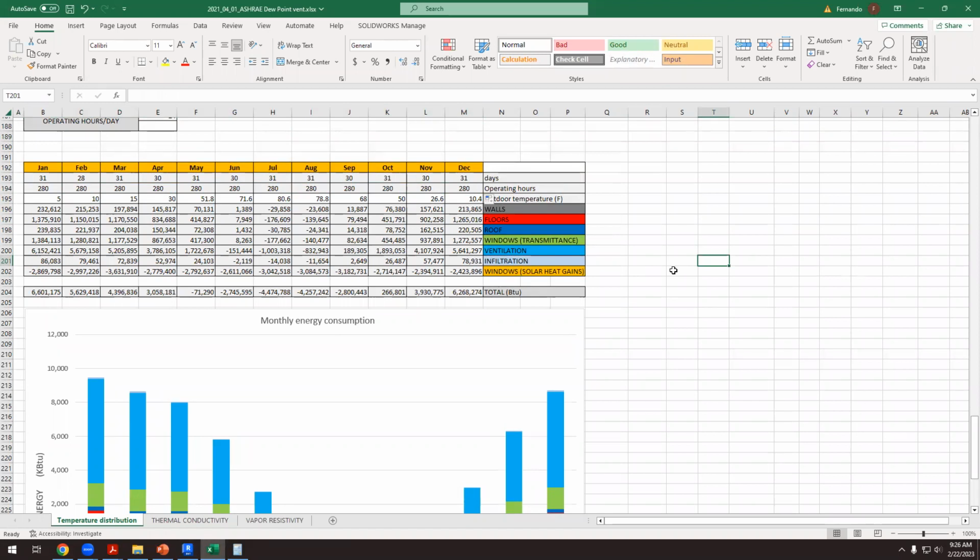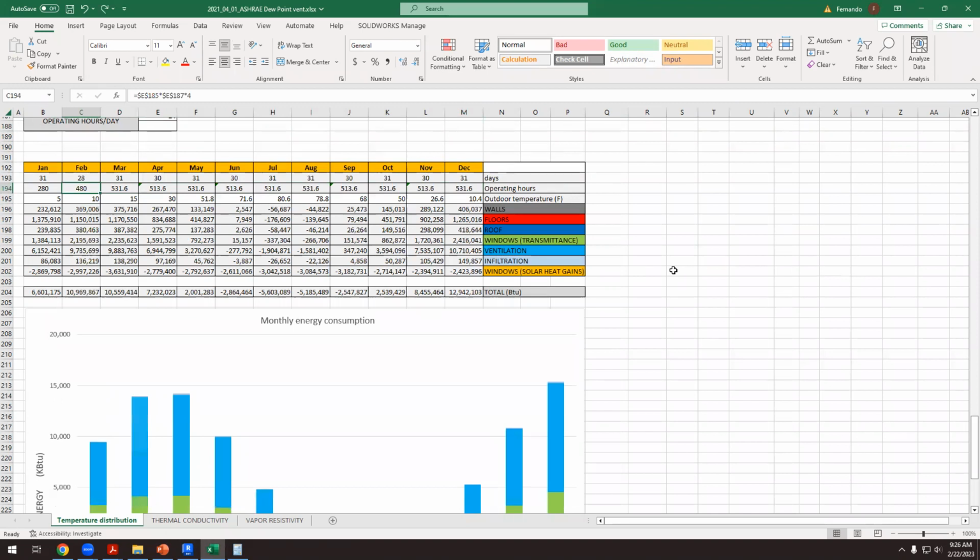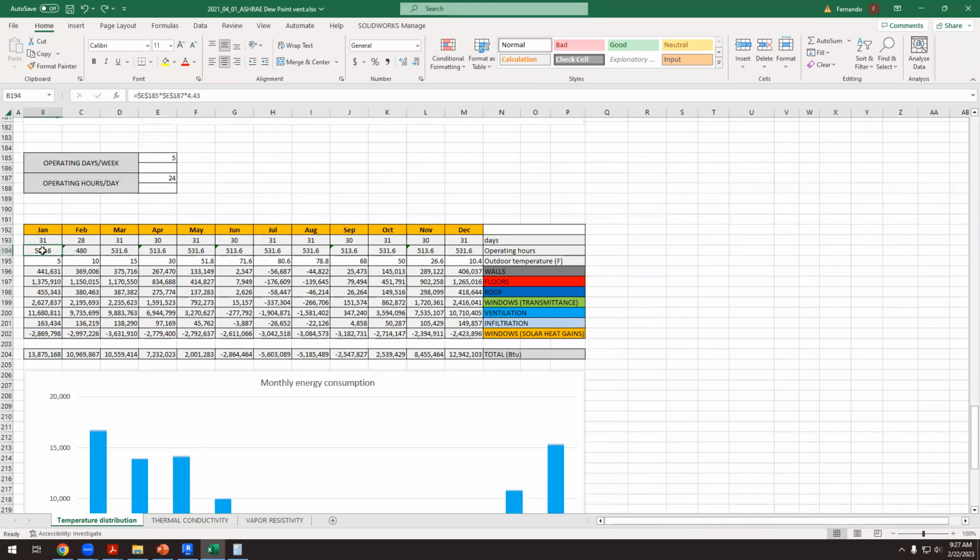It is protected. Yes, it is protected because I think I calculated, there's a formula here. And I calculated this. Okay, I will change this because there is a formula that depends on the number.